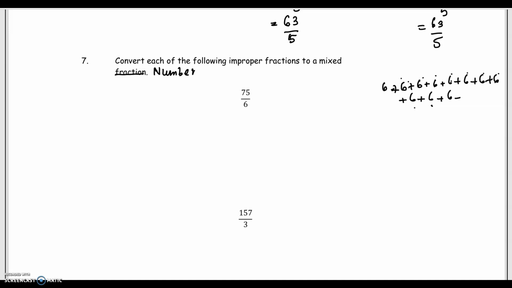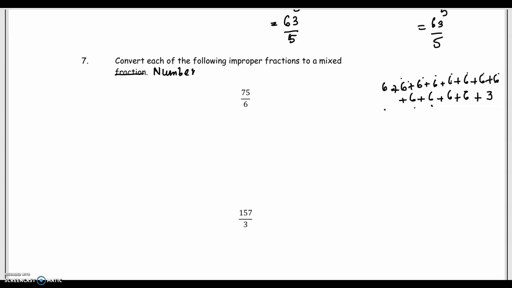66, then 66 plus 6, 72. So we have 72 and then plus 3 more sixths.